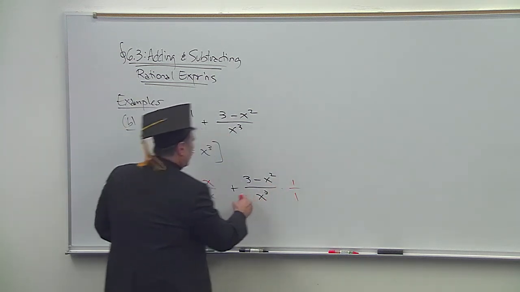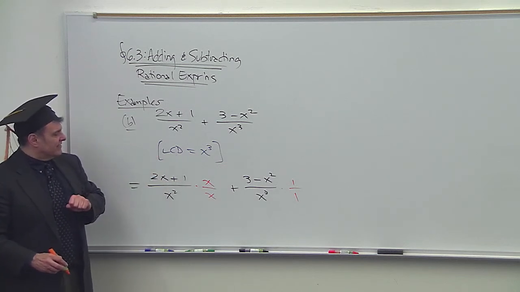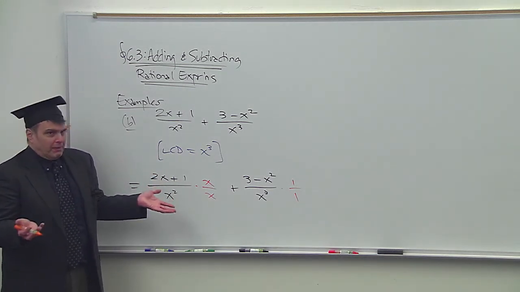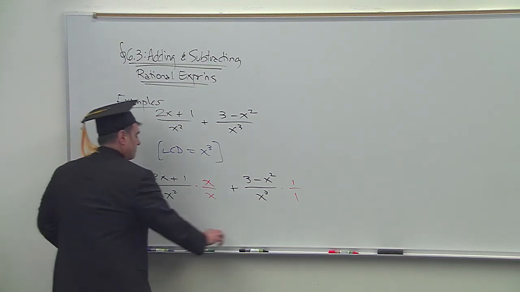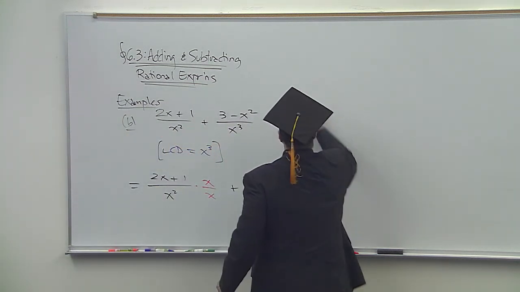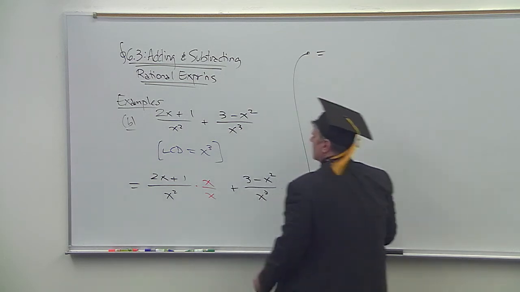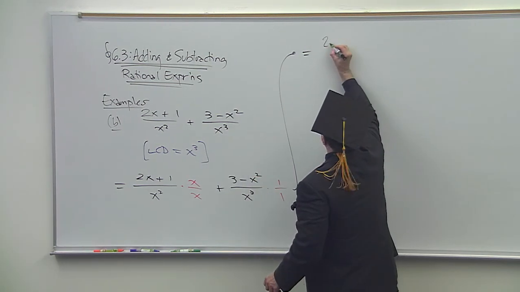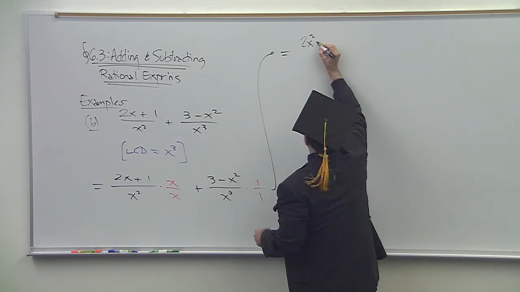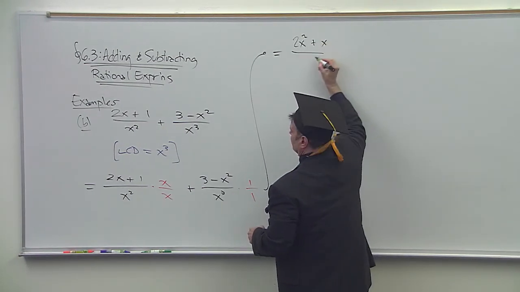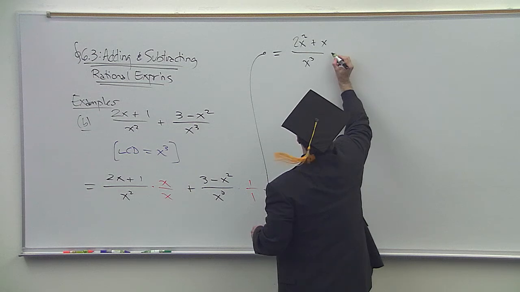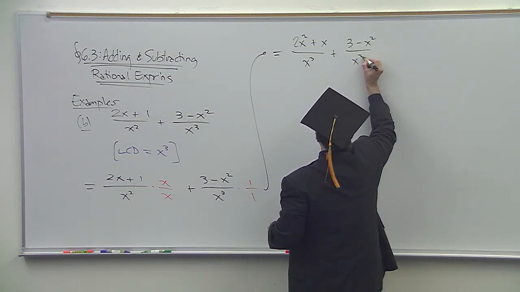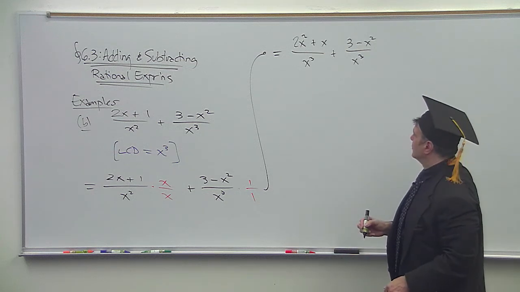The second fraction already has the LCD as its denominator, so you either can multiply by nothing at all or by the number 1. Multiplying through in the first fraction, distributing the x, we get 2x squared plus x over x cubed, plus the second fraction remains the same, 3 minus x squared over x cubed.